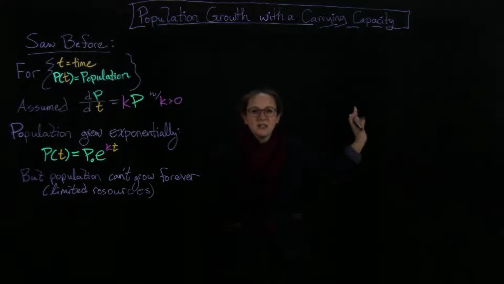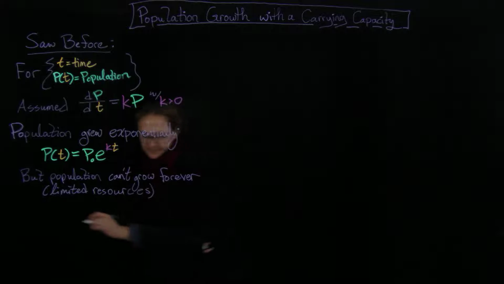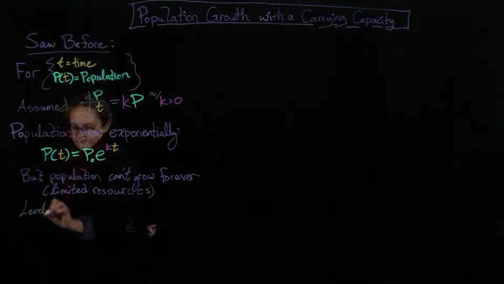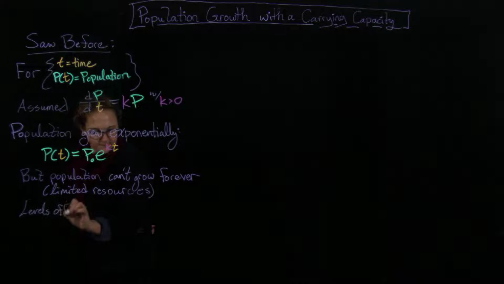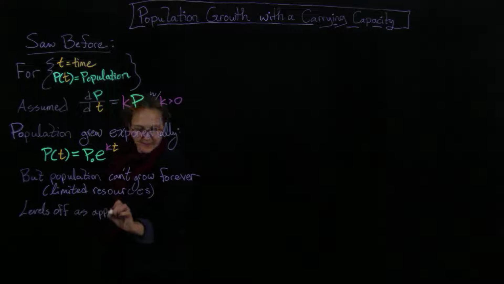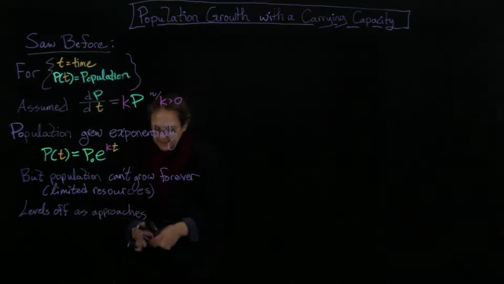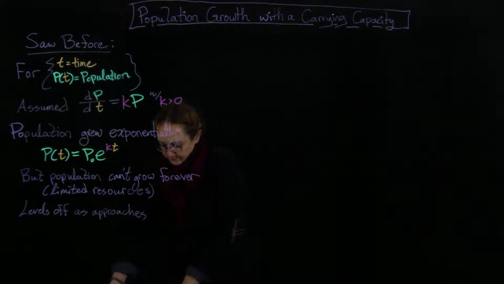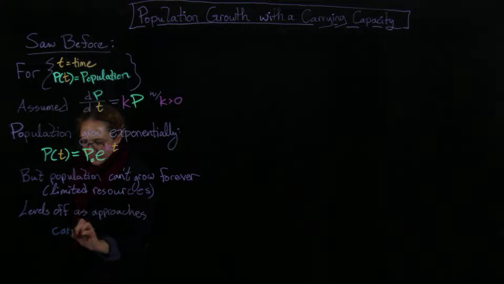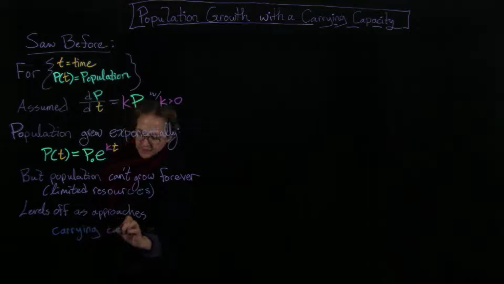Population usually can't grow forever, and it levels off as it approaches something called the carrying capacity. The carrying capacity will be blue here, and we're going to denote it by M.